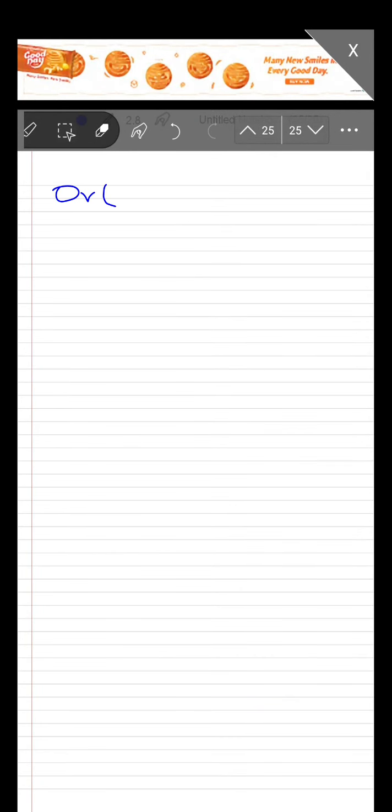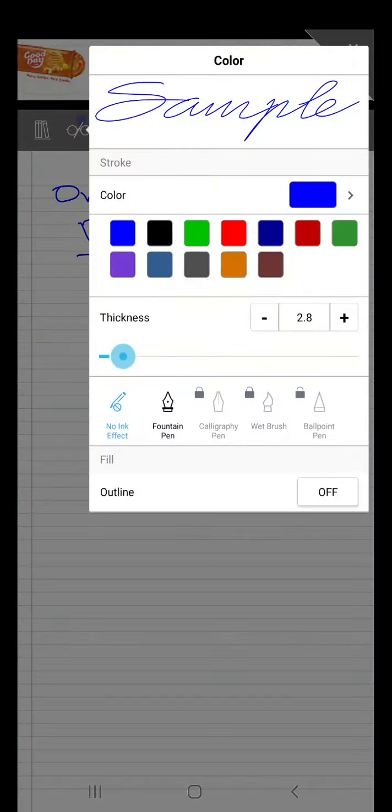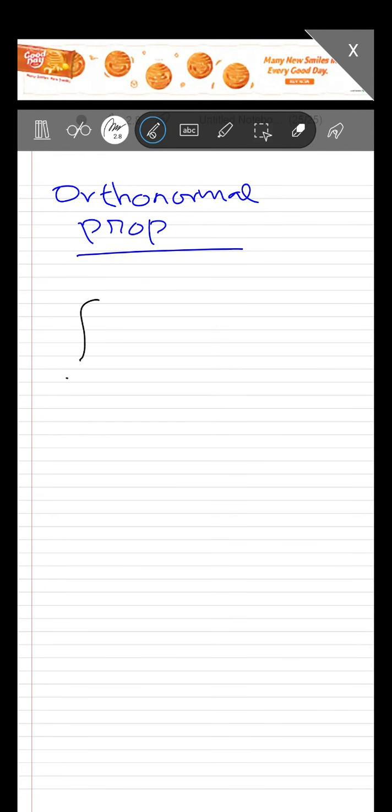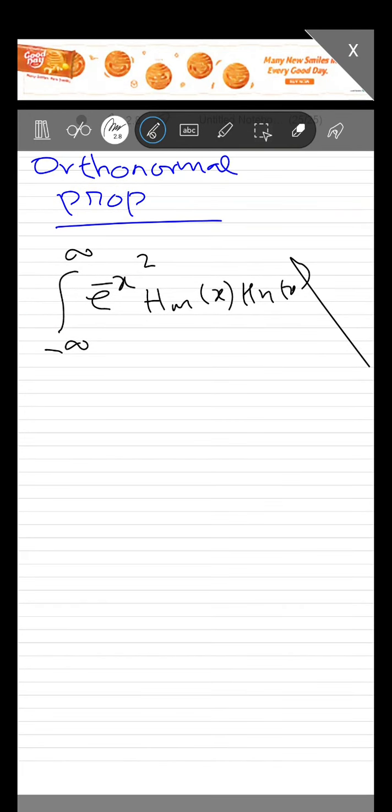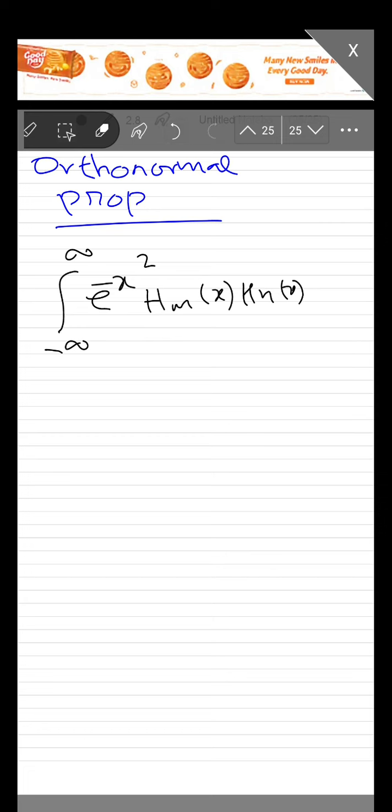It's the orthonormal properties. So we have two relationships. First is the integral from minus infinity to plus infinity of e to the power minus x square H_m(x) into H_n(x) dx is equal to 0, where m is not equal to n.